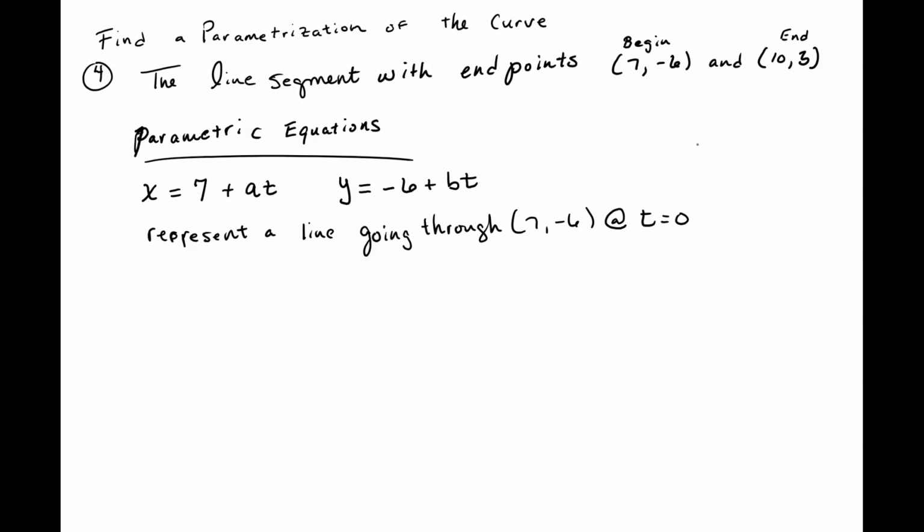What we're tasked with then is to determine a and b so that the line also goes through the point 10, 3. So let me write that down.